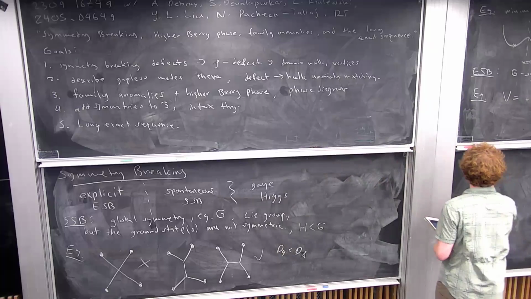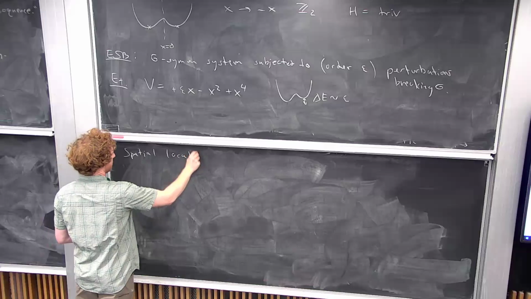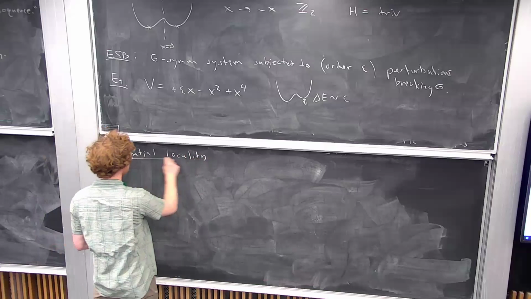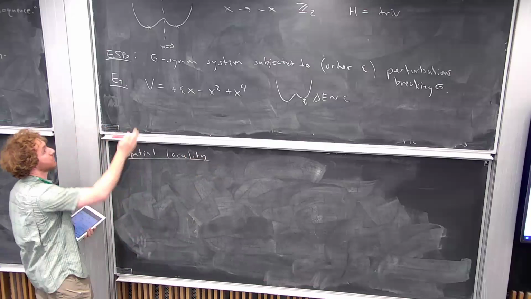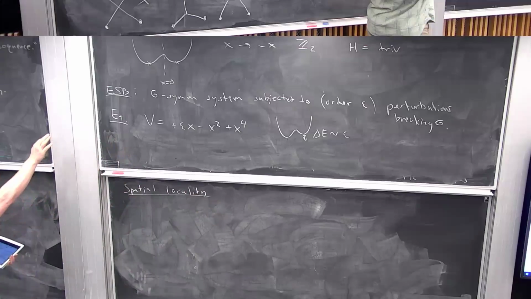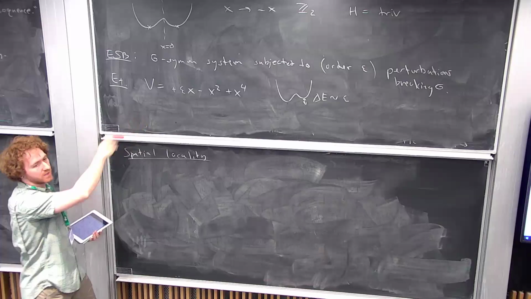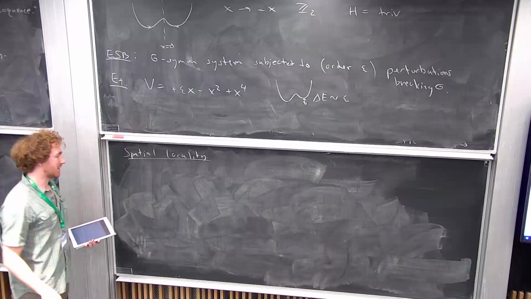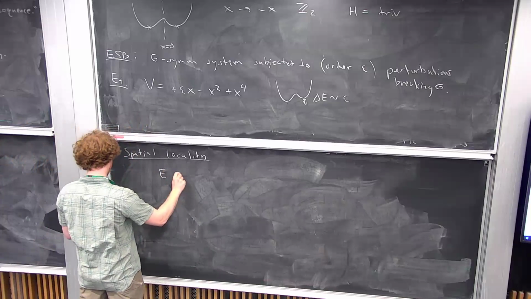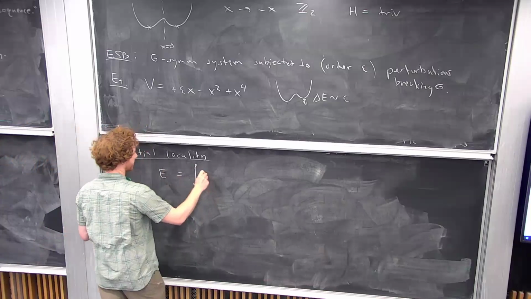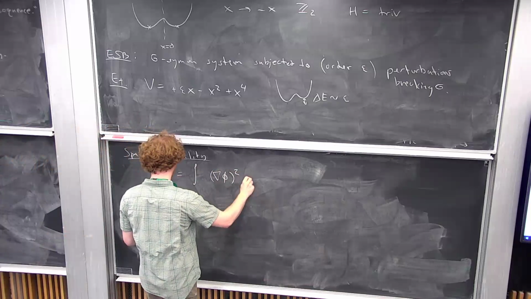Now we really have spatial locality in many of the problems that we're interested in. We want to do field theory, so we want to do a problem like this where you're not just minimizing a potential that's a function of a single number, but a function of another function, like a field or something like that. So for instance, you might want to minimize this energy. Now, phi is some real valued function.